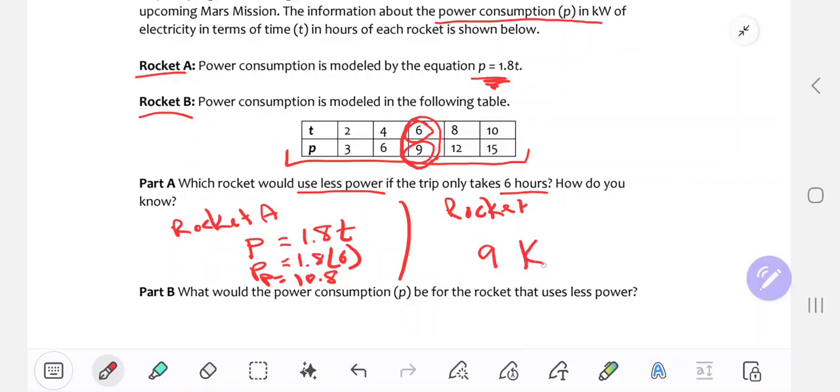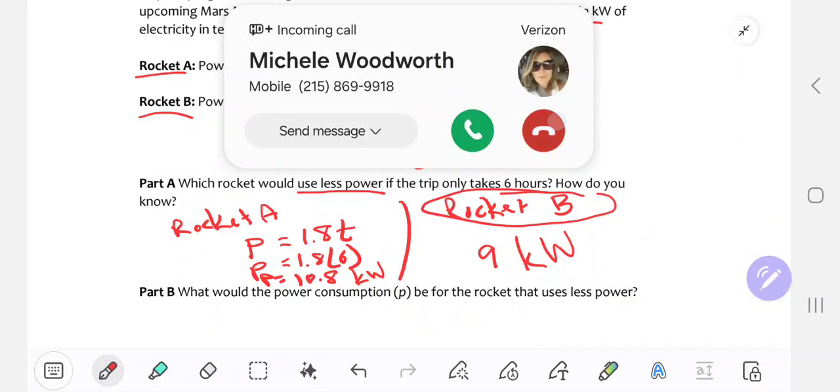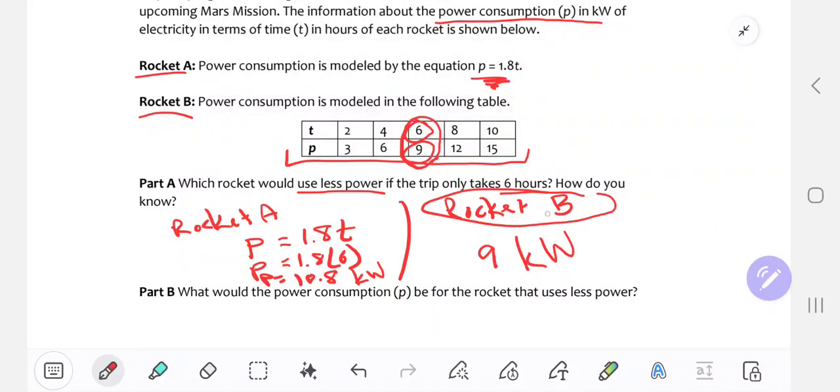So that's 9 kW, actually lowercase k, capital W. 9 kilowatts, where this is only 10.8 kilowatts. So which rocket? Rocket B uses less energy. And how do I know? Because I calculated it for each, and I found out that rocket B uses less.